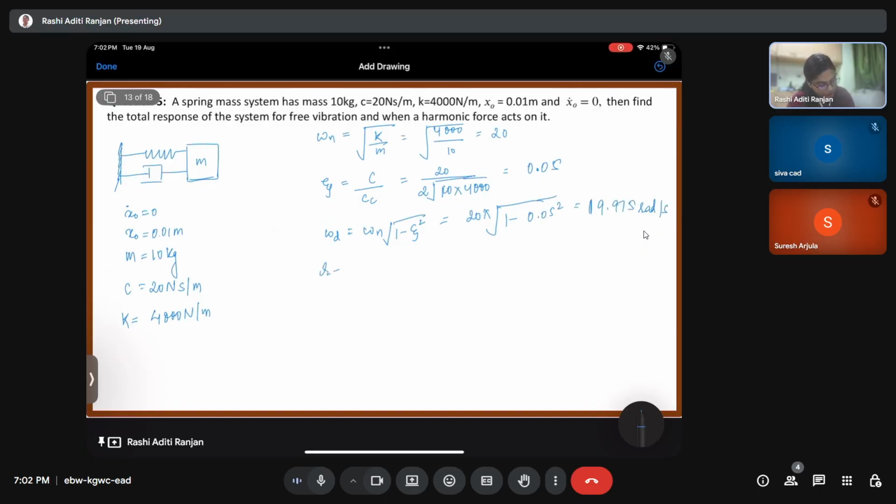Then we have r, which is the ratio of omega by omega n. So, for example, let us consider f as a forcing function of the form f cap cos omega t.